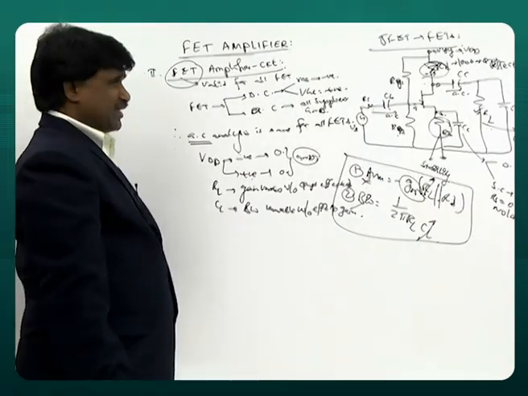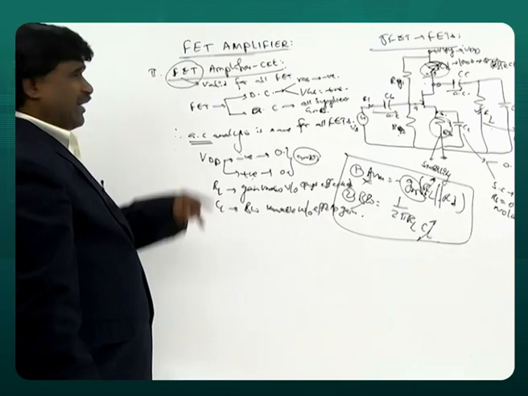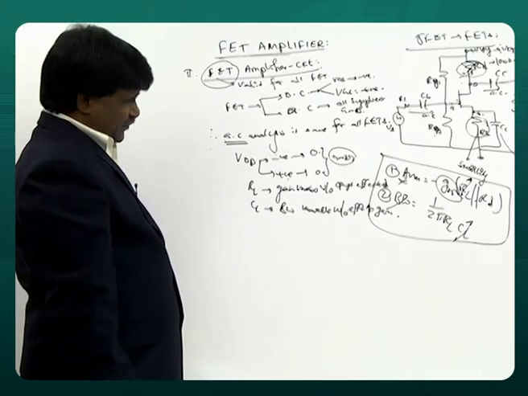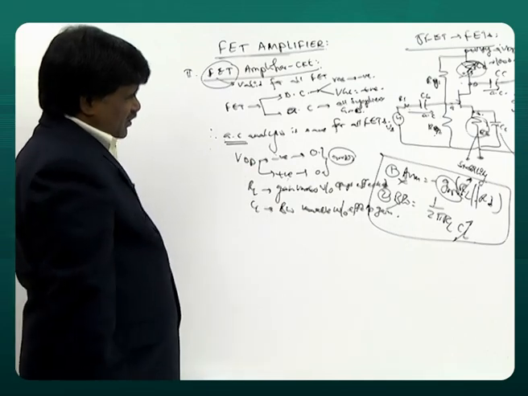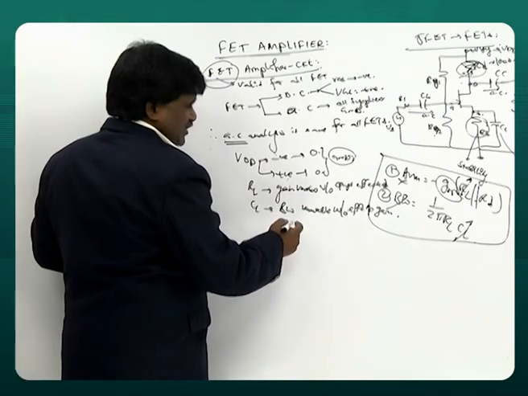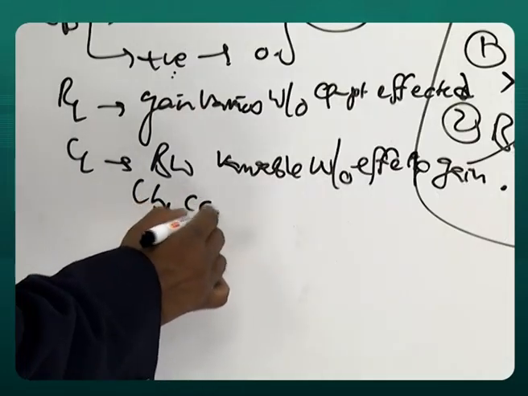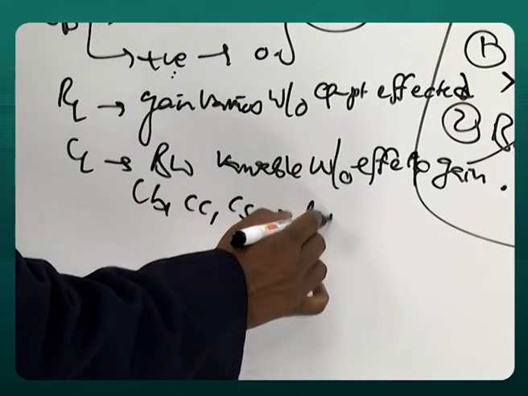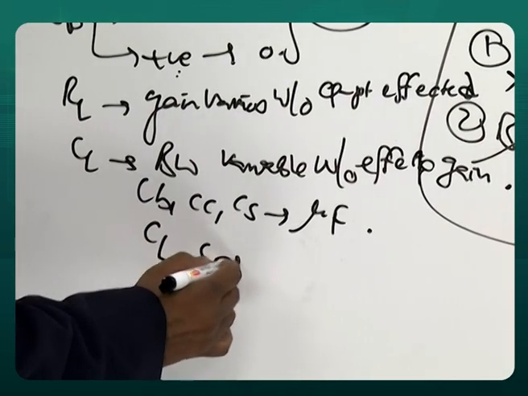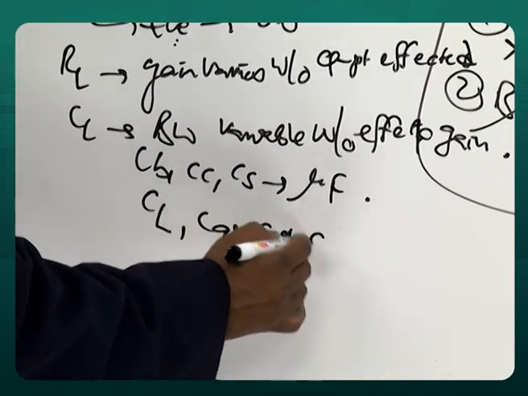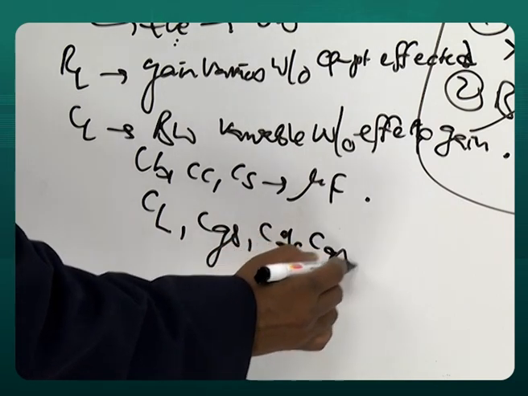That's the meaning of the second title, FET amplifier circuit. But if you see, there are so many capacitors: CB, CC, CS, which are all microfarad. And internally there are three capacitors, CDS, CGS, CGD.